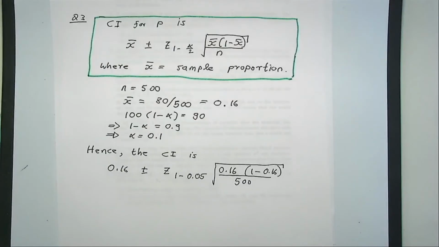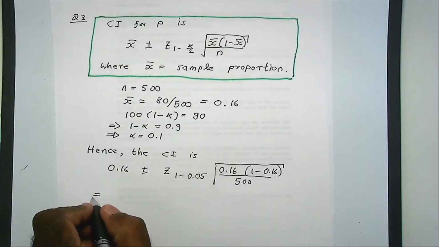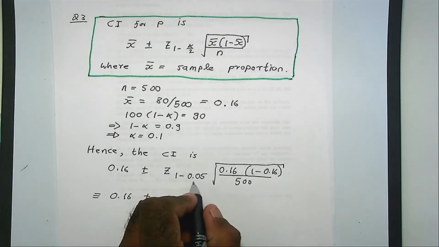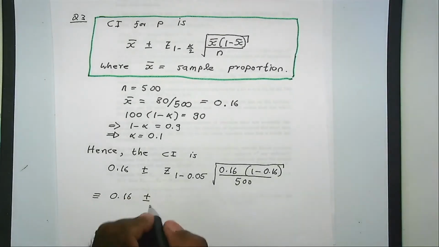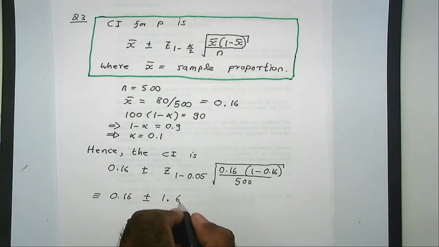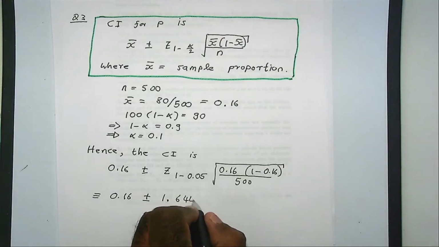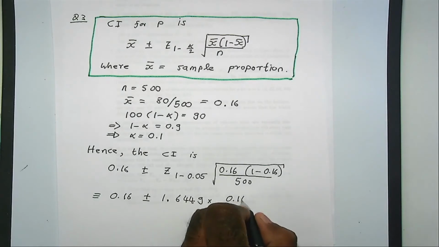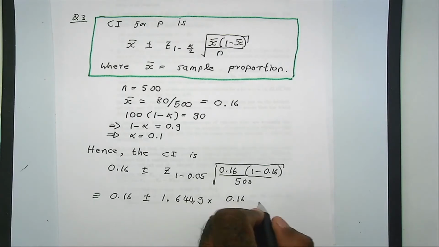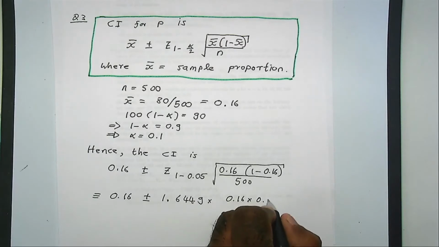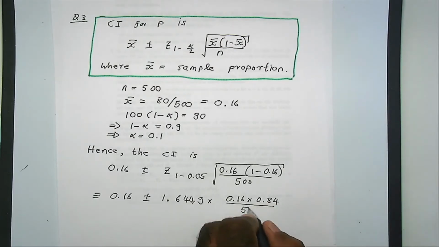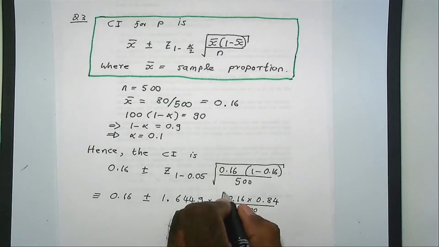So this will be 0.16, Z at 0.95 is 1.6449, multiplied by the square root of 0.16 times 0.84, divided by 500, everything in the square root here.